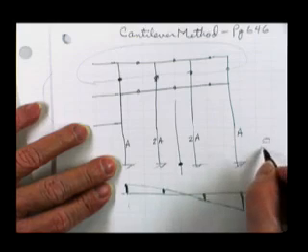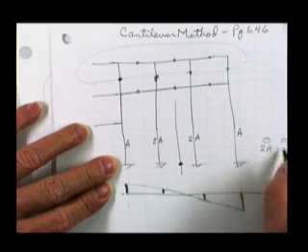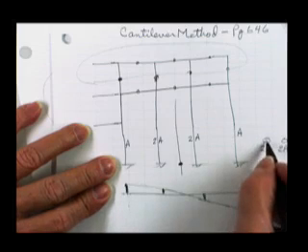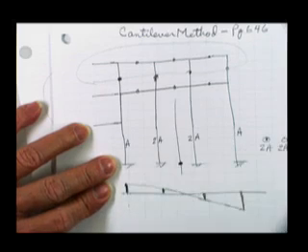Let's just say this was 2A, and this was 2A, and this was A. You could think of them as like loads. Exactly.